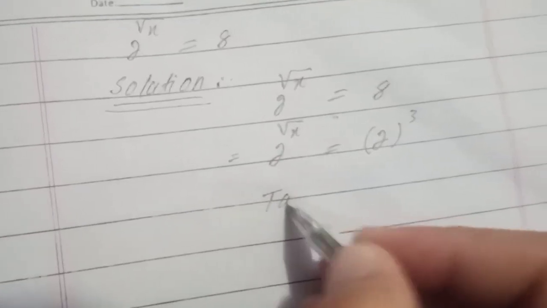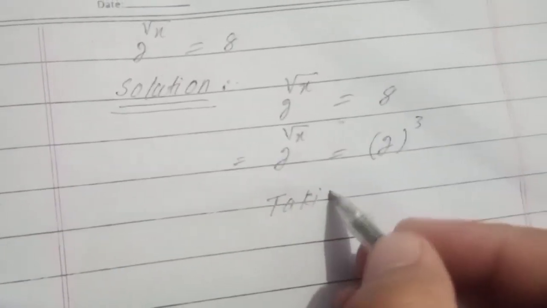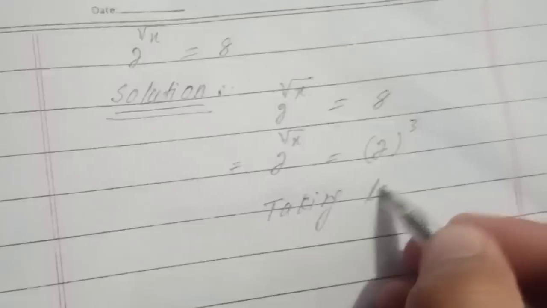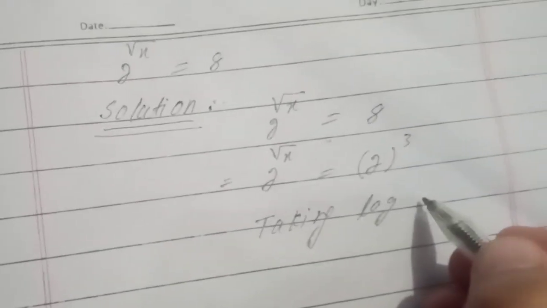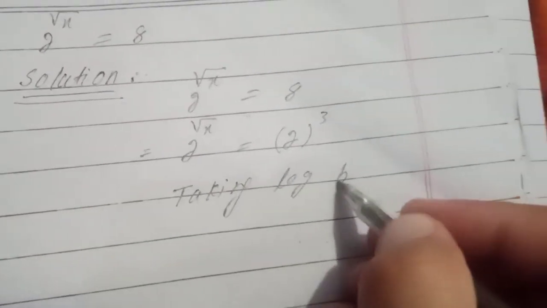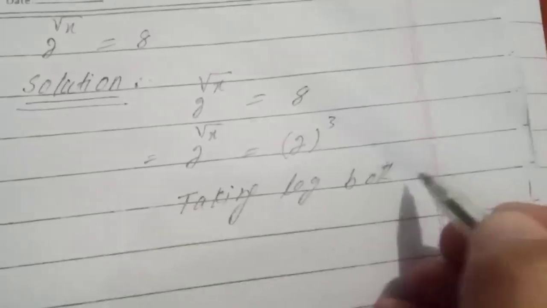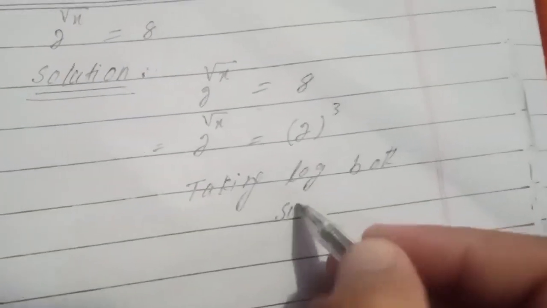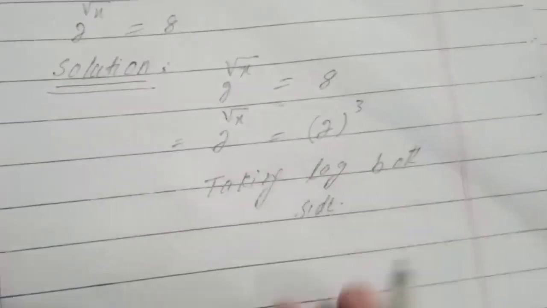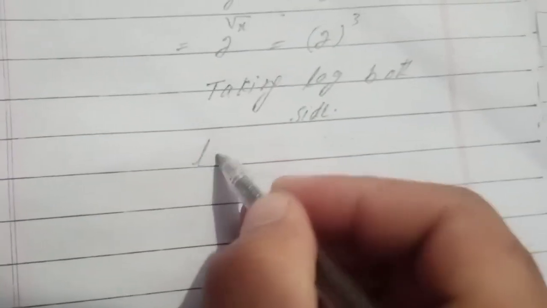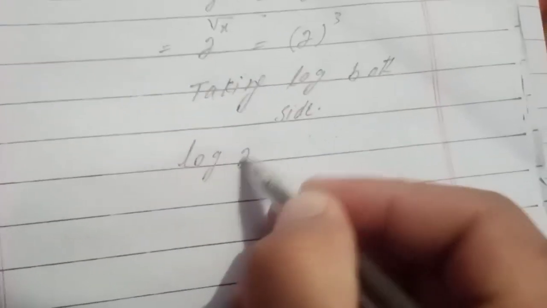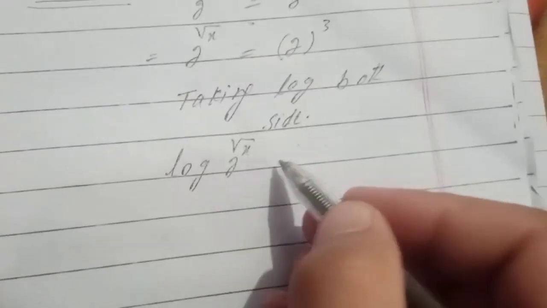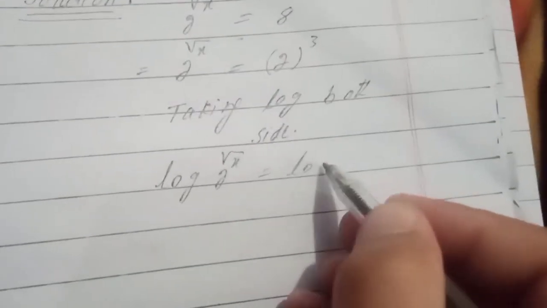Now we can apply log, taking log on both sides. So the above equation becomes log 2^√x = log 2^3.